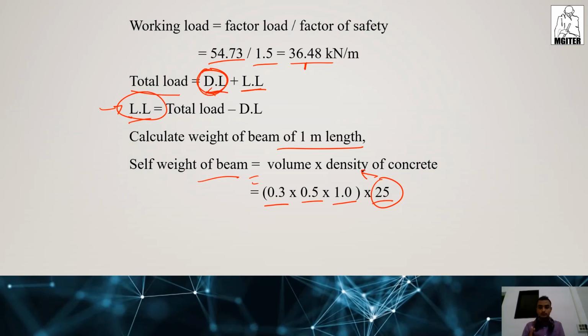So here is the volume of the beam for 1 meter length. So dead load is 3.75 kN per meter.